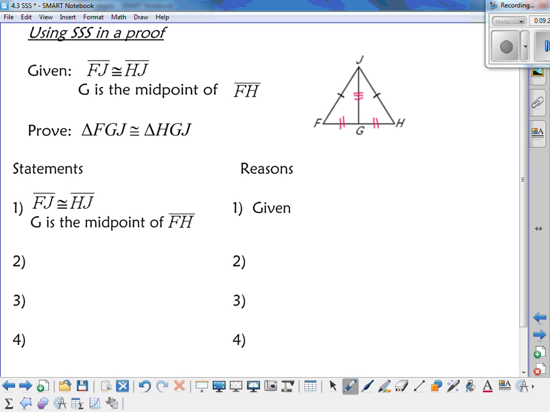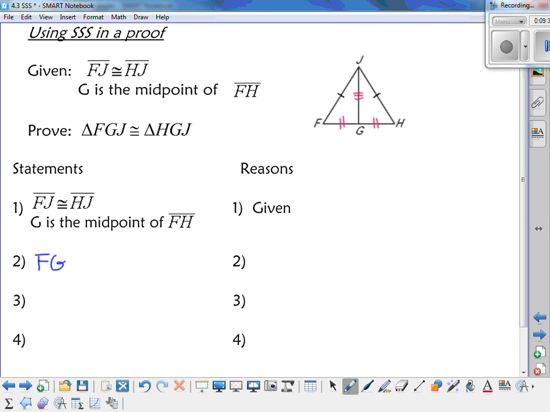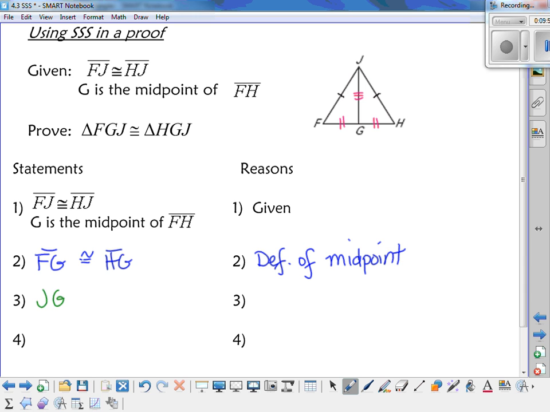So we start off with what we're given, and then because we have the midpoint, I know that FG is congruent to HG, because that's the definition of a midpoint. And next I would say that JG is congruent to itself, by the reflexive property for congruence.